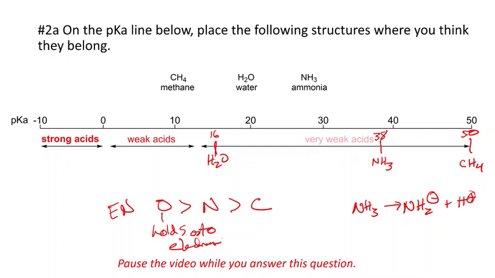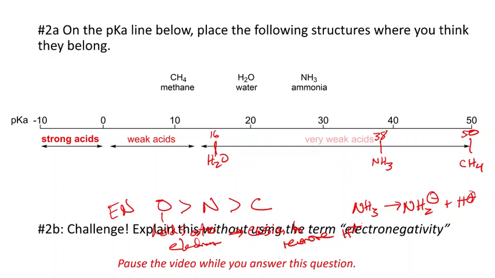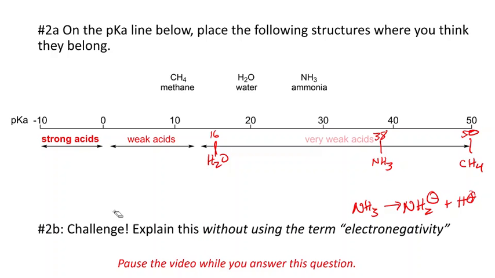Because if an atom holds on to electrons, that means it'll be easier to remove a proton. But I have a challenge for you. See if you can explain that without using the term electronegativity. Or actually, I'm going to do that for you.